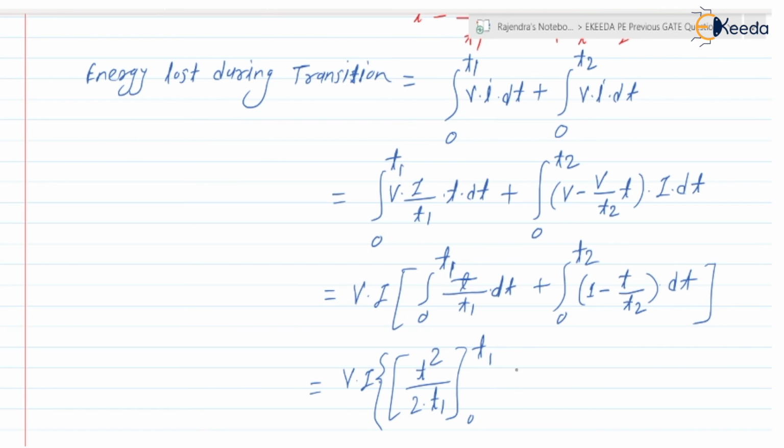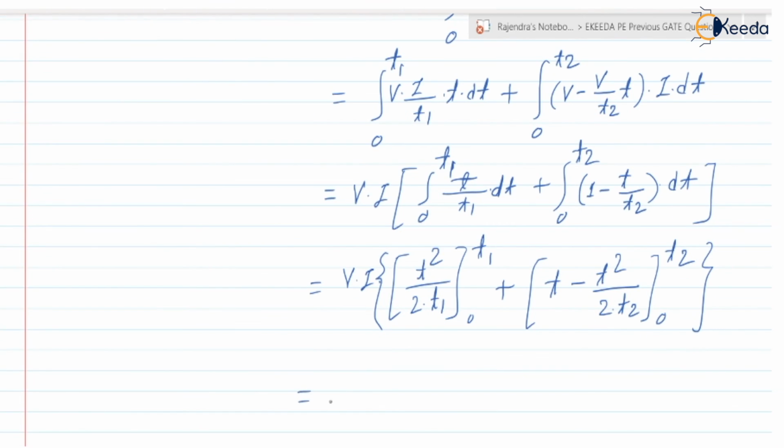Plus now the integration of 1 is t minus t square by 2 t2, with limit 0 to t2. Further, putting the limits, V into I into t1 square by 2 t1 plus t2 minus t2 square divided by 2 t2.